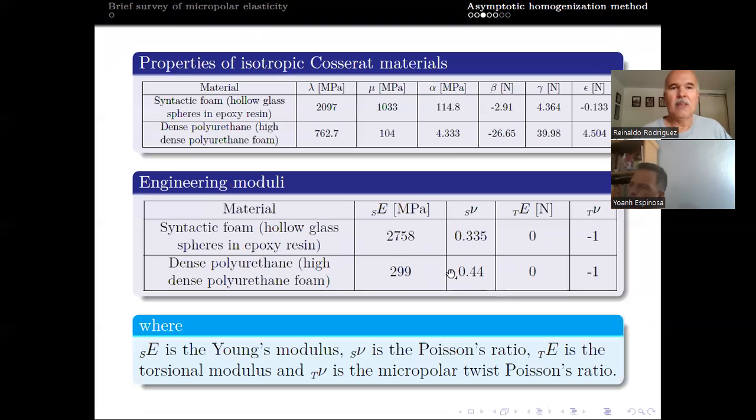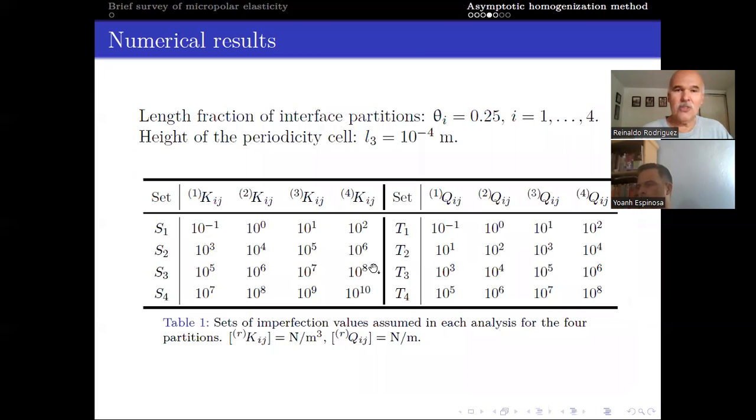We consider two-phase isotropic materials, two isotropic layers. These are the material parameters: Young modulus, Poisson ratio, torsional modulus, and micropolar twist Poisson ratios.